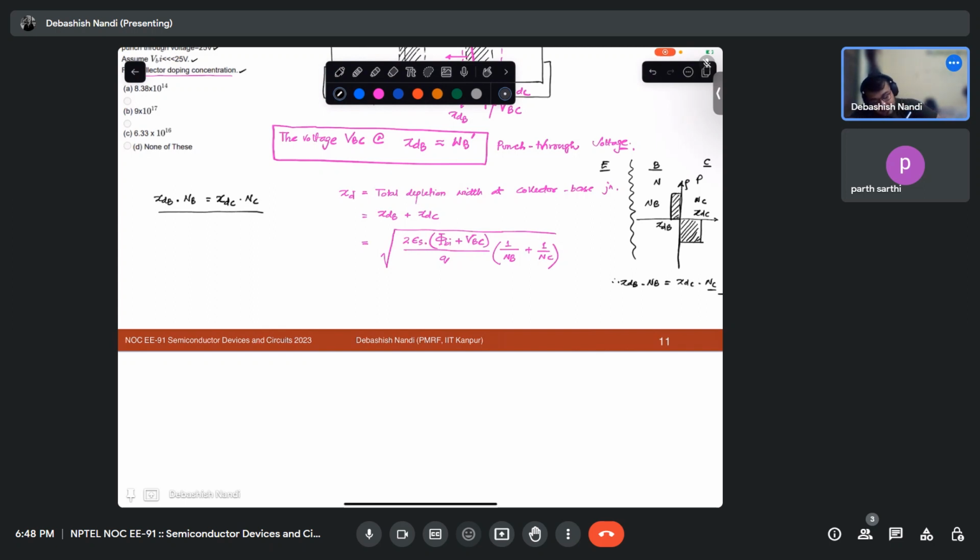So your XD is equal to XDB plus XDC. If I take XDB common, I will have XDC over XDB. So XD equals XDB times 1 plus XDC over XDB, which is NB over NC.